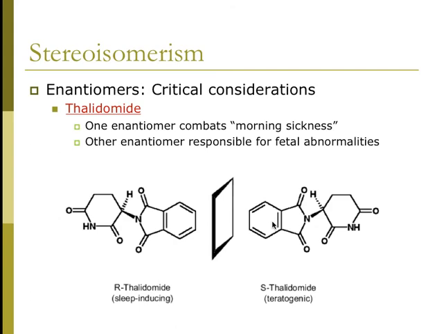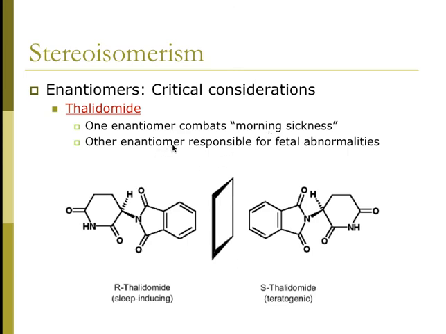Sometimes these have catastrophic results depending on which optical isomer is present. There's a drug called thalidomide, and you can search that online and search for images. One enantiomer combated morning sickness. It was taken in the 50s for morning sickness.